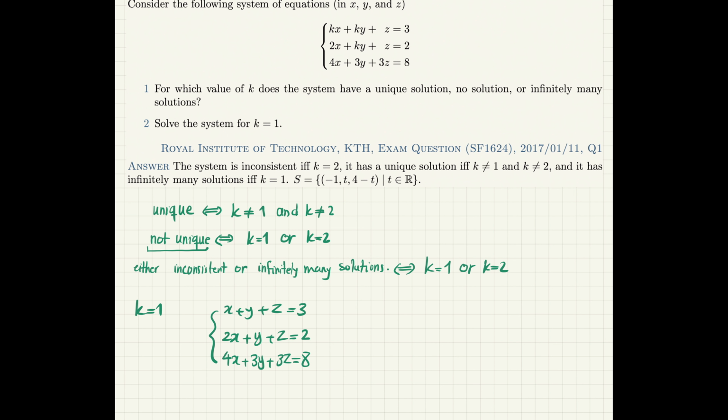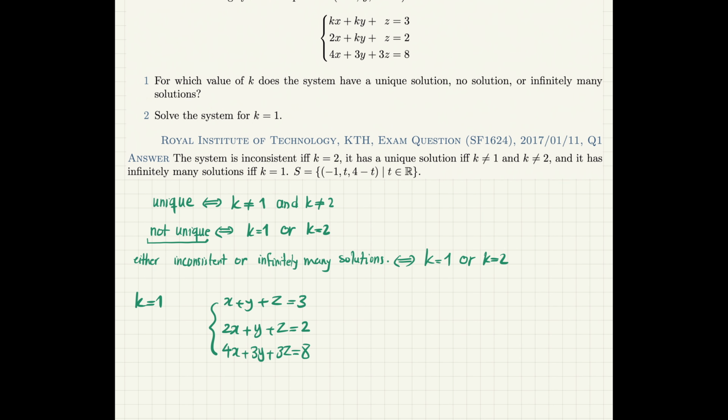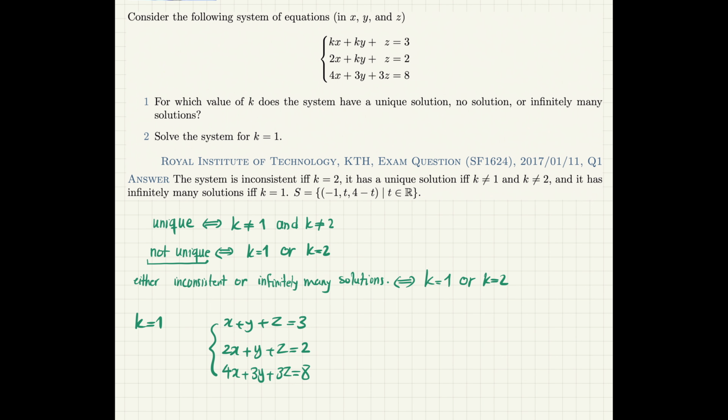But you see that there are no parameters involved. So I can immediately use Gaussian elimination to understand what's going on. For example, here I can write 1, 1, 1, 3. My point is that I don't need to work with an augmented matrix containing parameters, which is hard sometimes. Then 4, 3, 3, and 8.